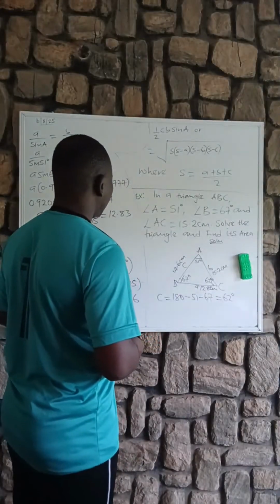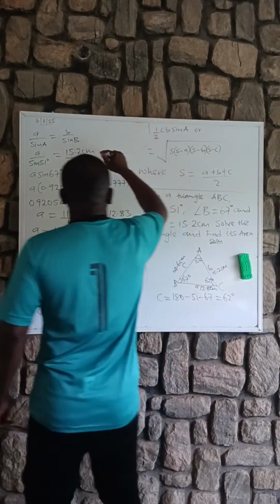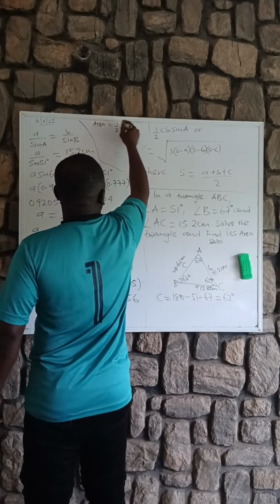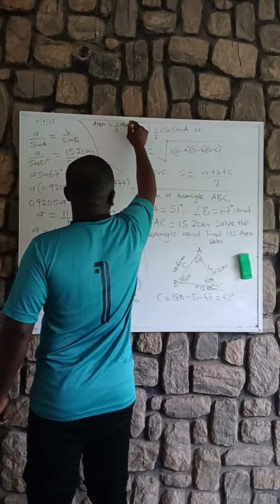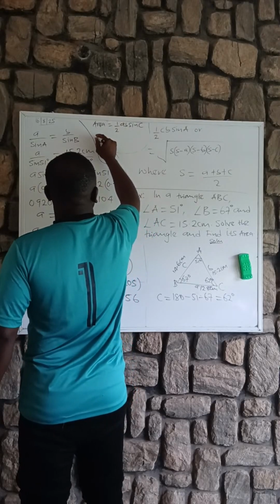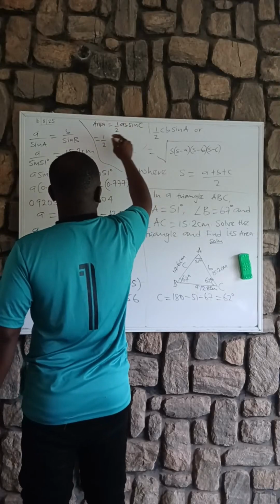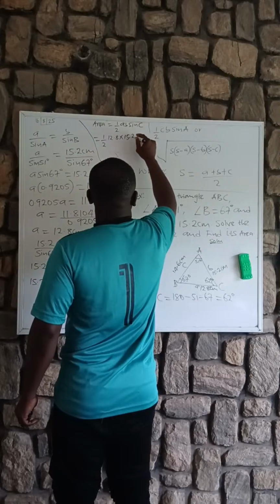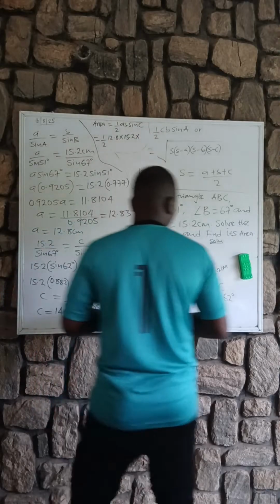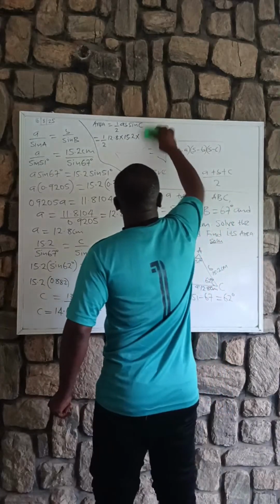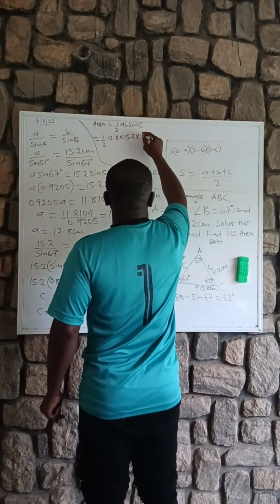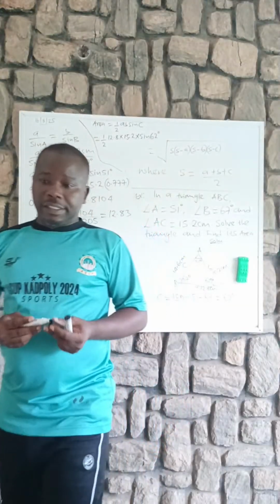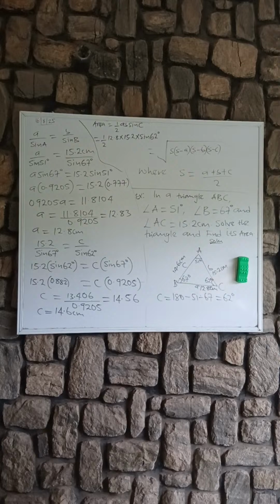So the area, let's consider the area now, because it is one half AB sine C. So here will be 1 over 2 times A, which is 12.8, times B, which is 15.2, times sine C. Sine C is sine 62 degrees. I think I'm right. Am I right?